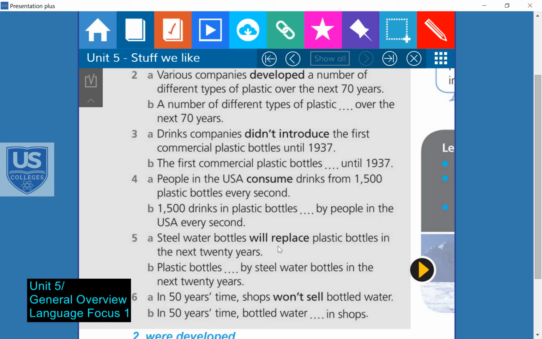That's why it's easier to find out what tense it is. Will replace, it is in future simple. About the sixth one, won't sell is used. Won't sell is the future simple but in negative form.